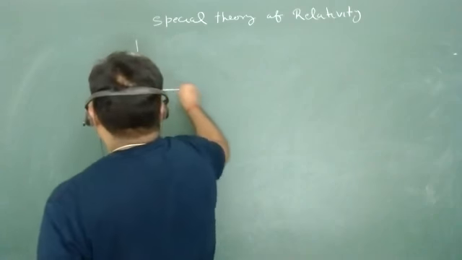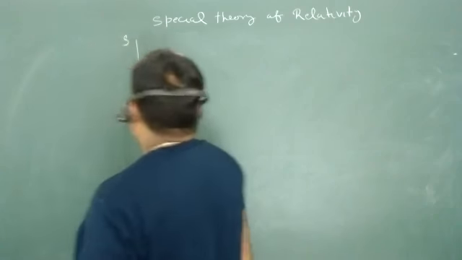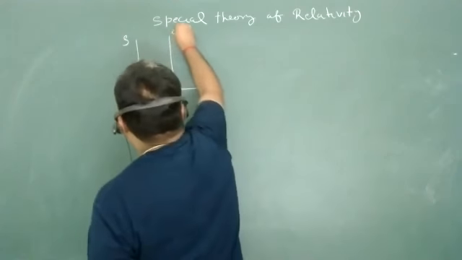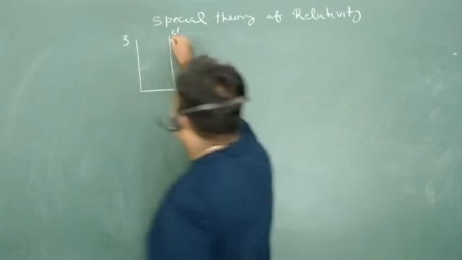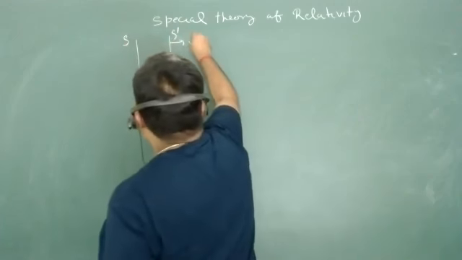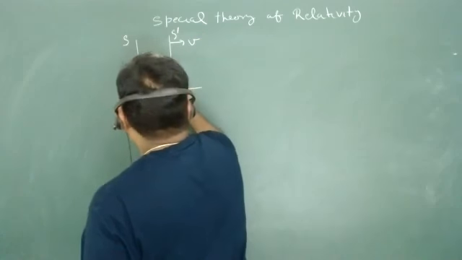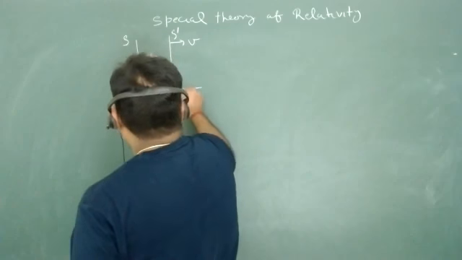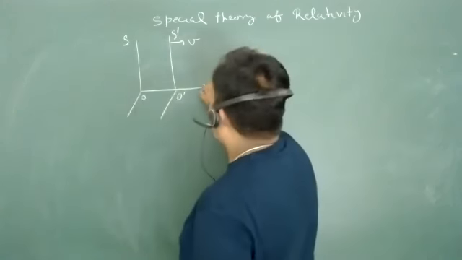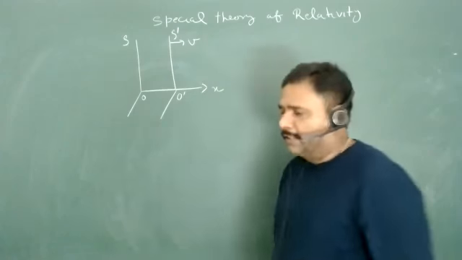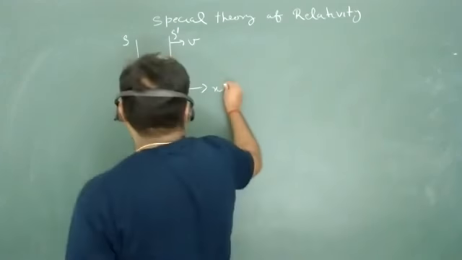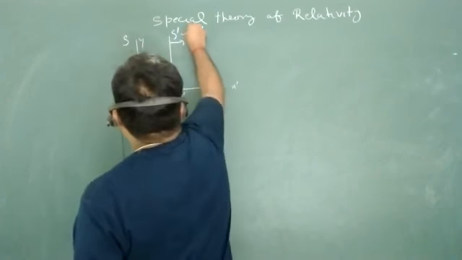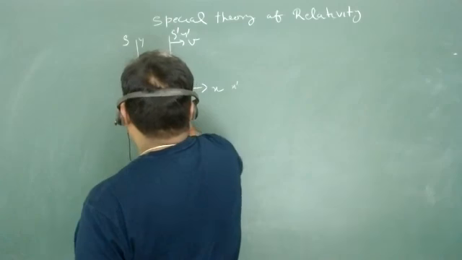There is the S frame, and this frame is inertial. There is another frame, the S dash frame, moving with respect to S with velocity v. At t equal to 0, both have the same origin, and they have a common x-axis for simplicity. So they both have common x and x dash. This is y, this is z, this is y dash, and this is z dash.